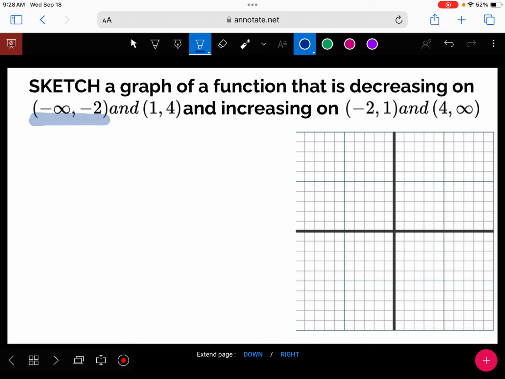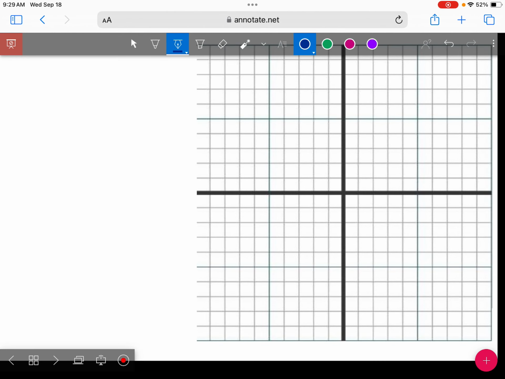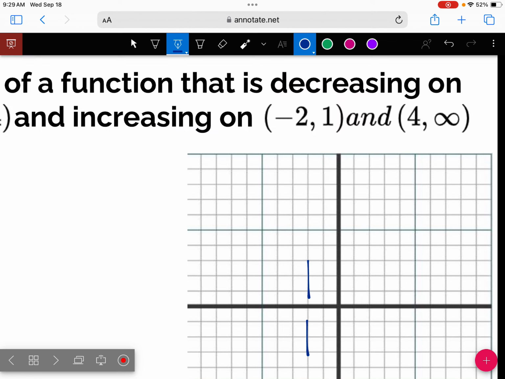I'm going to set this one as my dark blue this time, from negative infinity to negative 2. And if you guys ever want colors, I have a gazillion and a half colored pencils, markers, highlighters, whatever you need. So if you ever want a color code, you absolutely can. But I'm going to draw myself my little barrier at negative 2. And I know that this section needs to be decreasing. Capital D. I know that kind of looks like an O, but that is in fact D for decreasing.